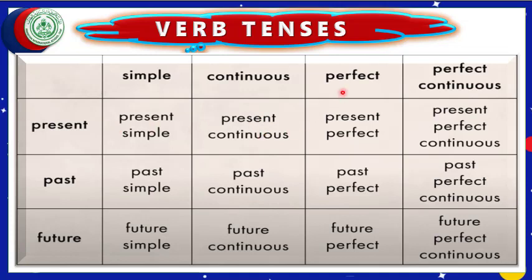When present join with perfect, it becomes present perfect. All these tenses are written here. Sorry, they become 12.